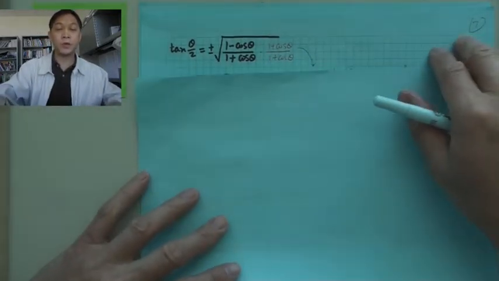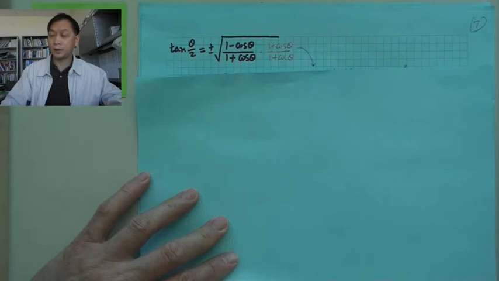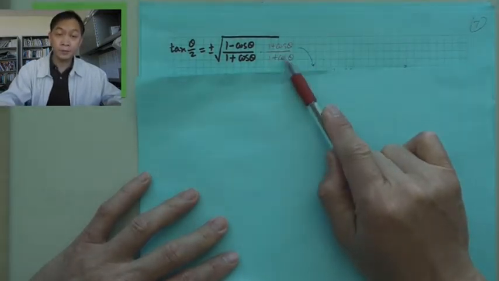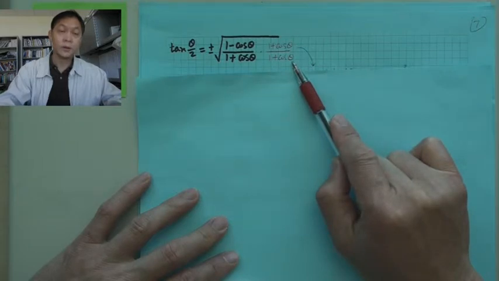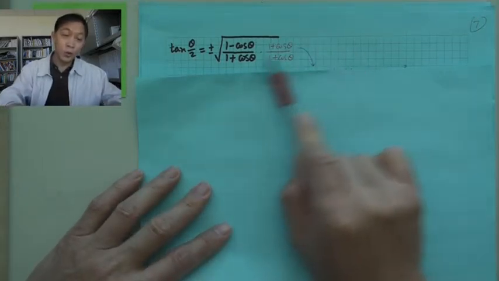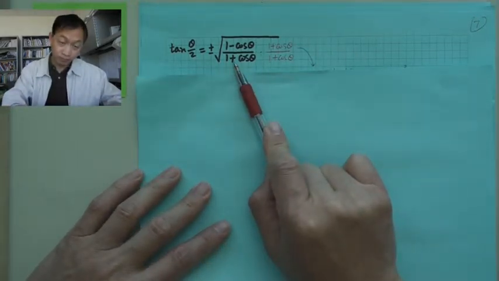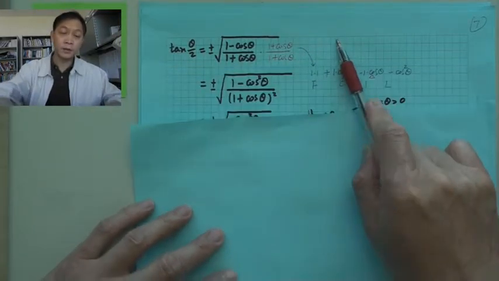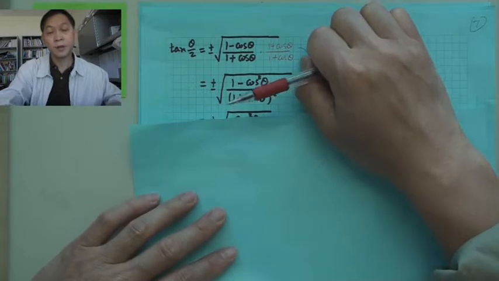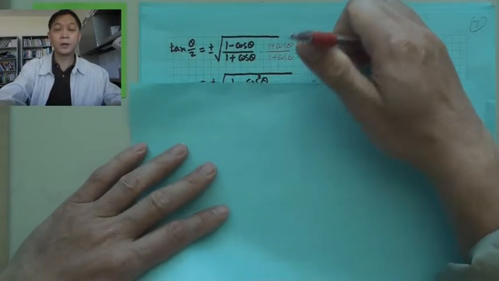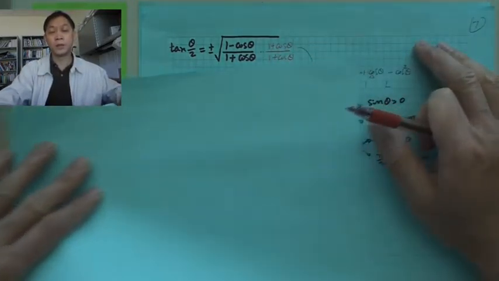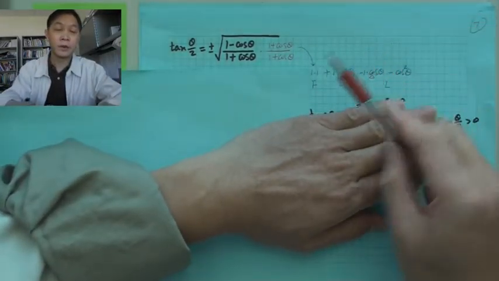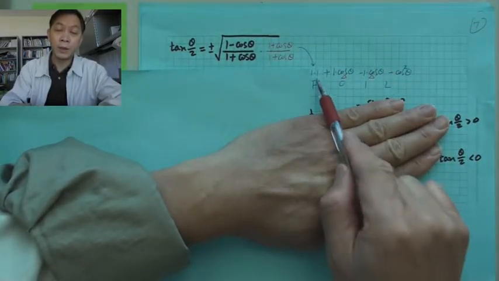If both numerator and denominator are multiplied by 1 plus cosine theta, then what do we get? Denominator, there is a plus, so that will be 1 plus cosine theta squared for the denominator. Numerator, what do you get? If you FOIL it, 1 times 1 is 1.